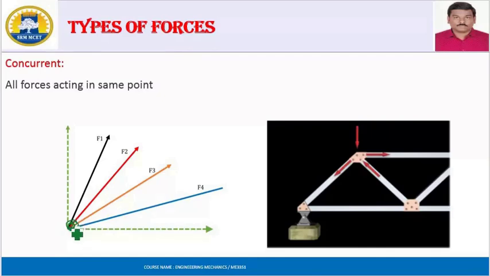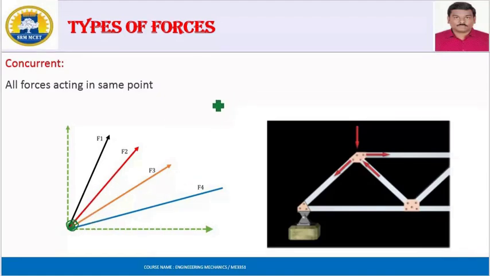F1, F2, F3 act in one direction, F4 acts in another direction, but the line of action is important. The lines of action of all forces meet at this point. For that reason, this is called concurrent forces.